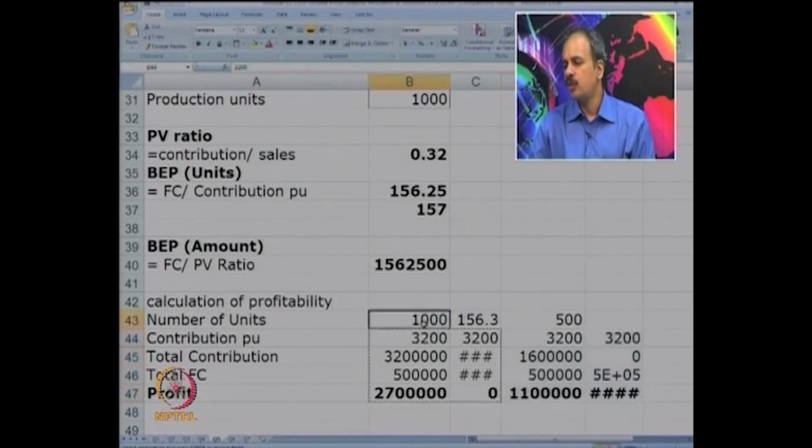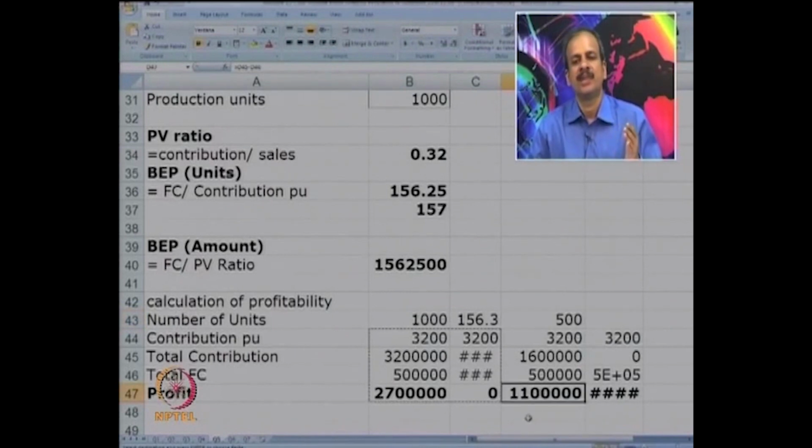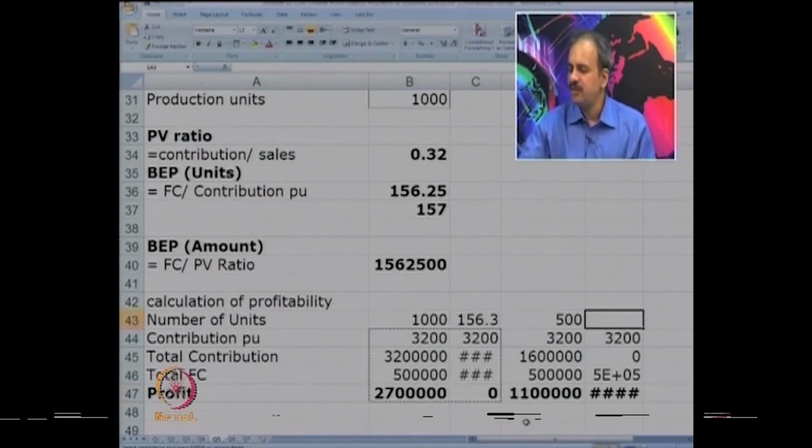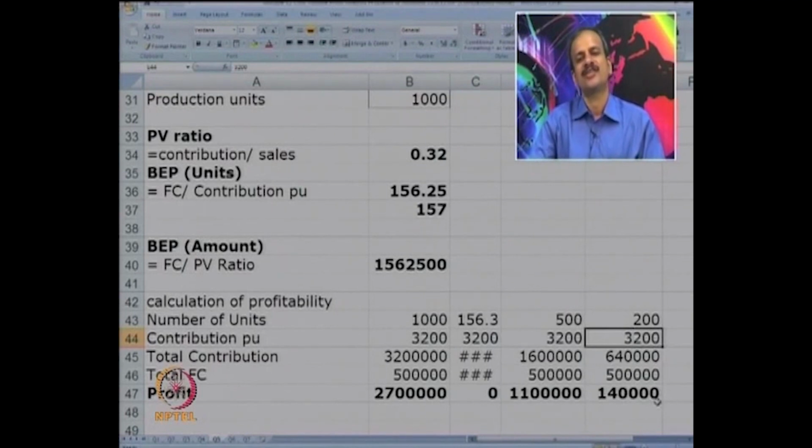So at 1000 level it was 27 lakhs, but at 500 level it is not half, it is much less than half. You can see it is just 11 lakhs. Okay. Suppose sales fall further, let us say sales become 200. Profitability will be as low as 1,40,000. Is it clear how the calculation of profitability is done?